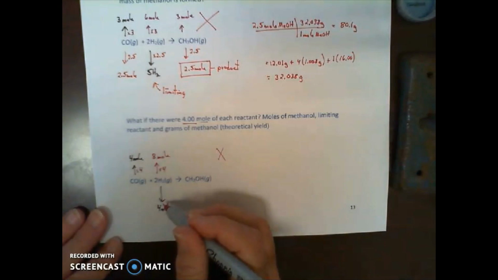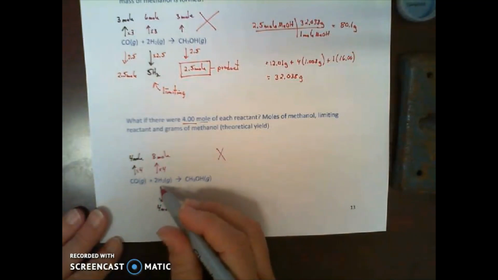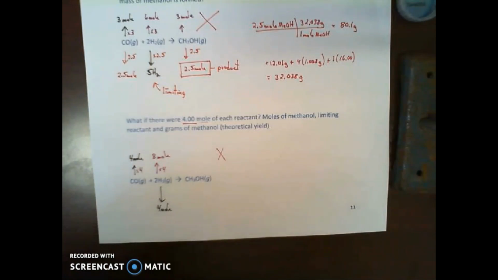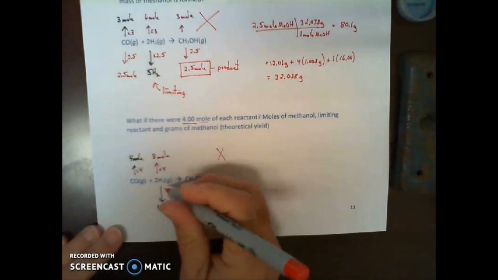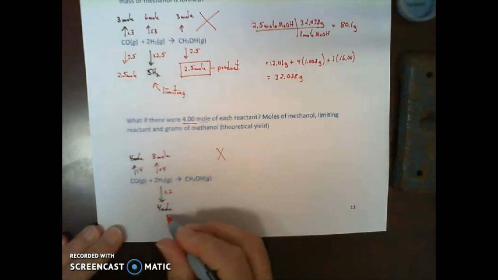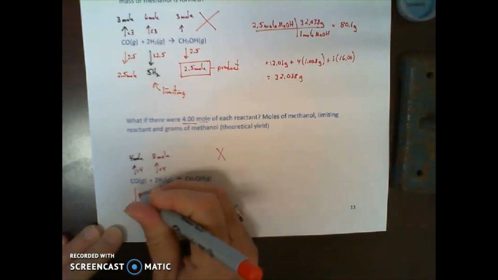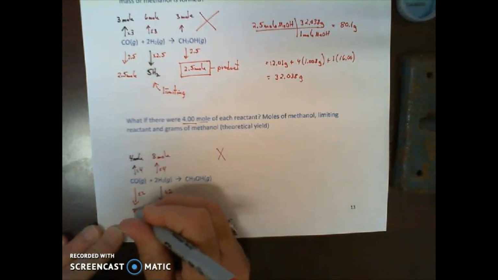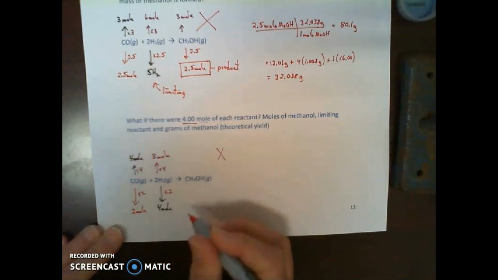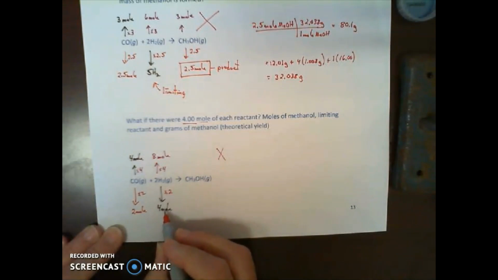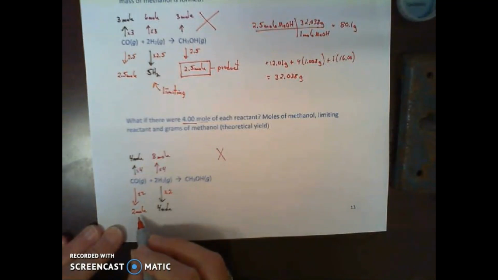So we look here. To get to here, we had to multiply 2 times 2 gives us 4. What we do to hydrogen, we have to do to the carbon monoxide. So 4 moles of hydrogen will react with 2 moles of carbon monoxide.